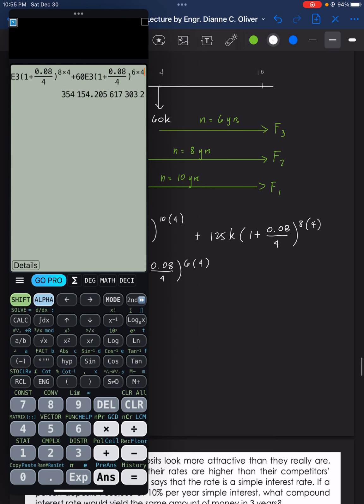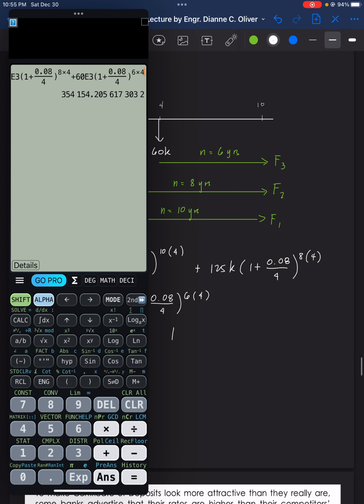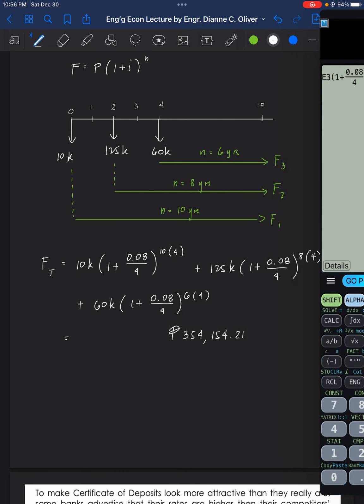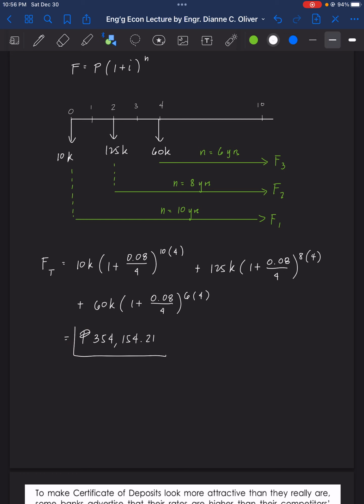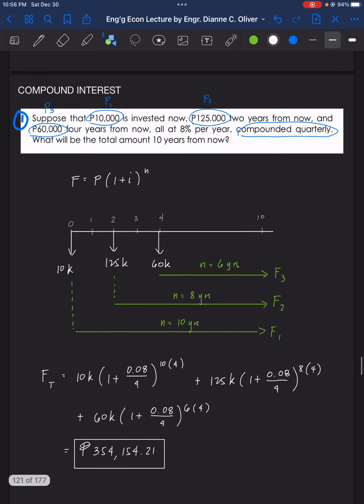So the total amount now here is 354,154.21 pesos. So that's for number 1.